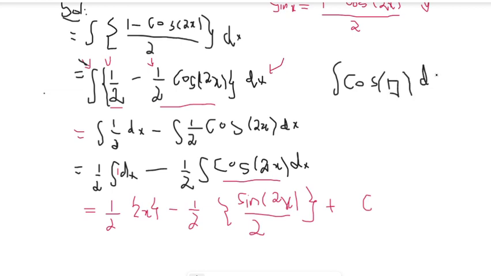The integral of cos of any box, meaning anything, is just sine of that anything over the derivative of that thing. Here we know the derivative of 2x is 2, so that's why I wrote 2 here.